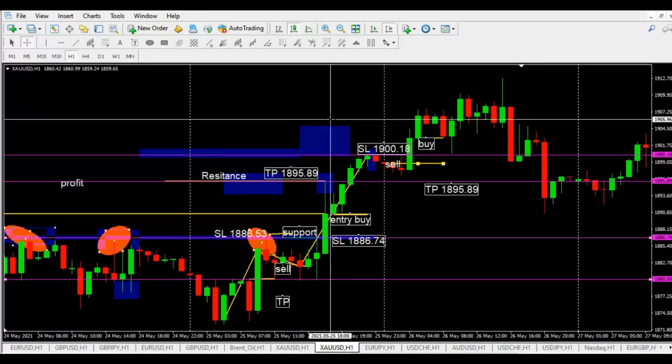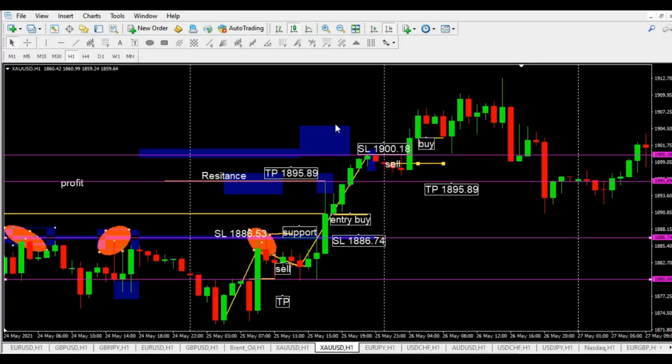If you understand, don't forget to apply these steps to your demo account, and make sure that every day you continue to profit consistently.